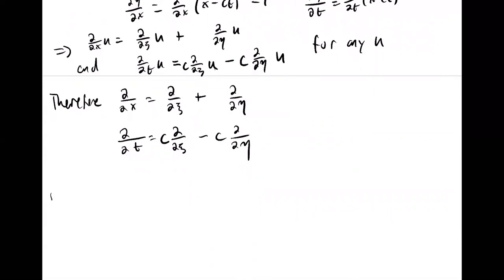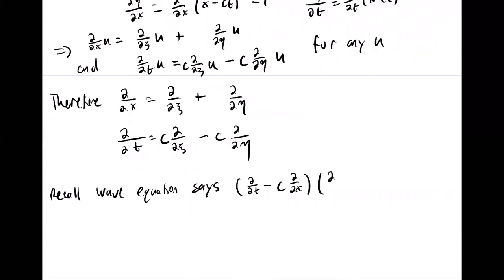Well, recall, what does the wave equation say? We factored it before. We had d dt minus c times d dx, times d dt plus c times d dx, applied to u, is equal to 0.